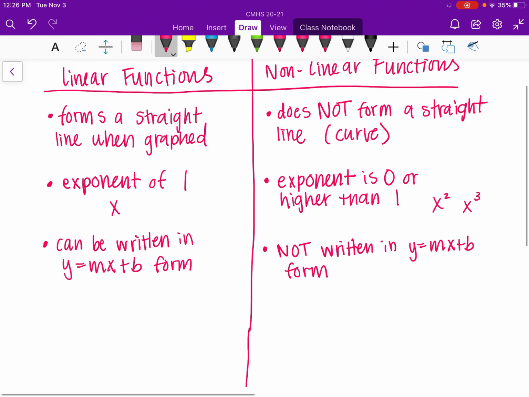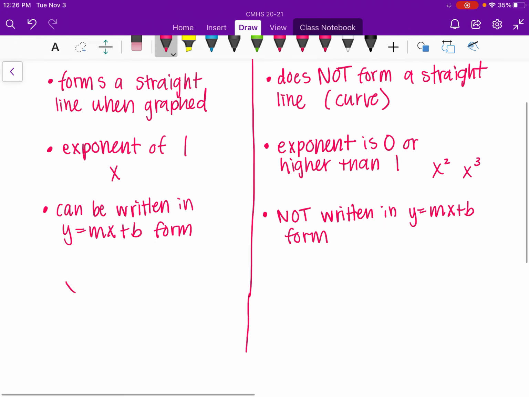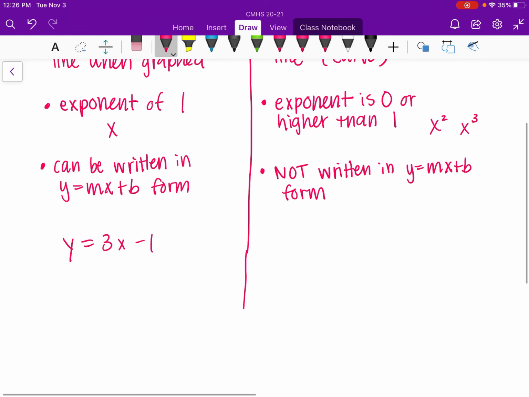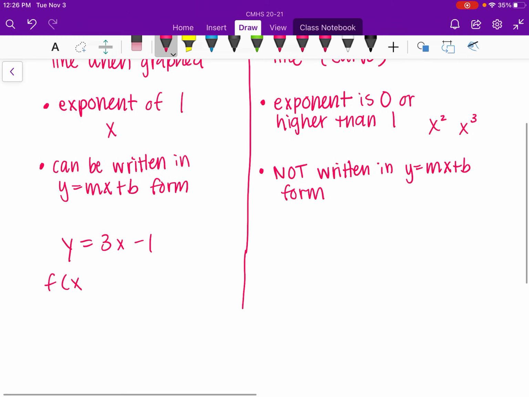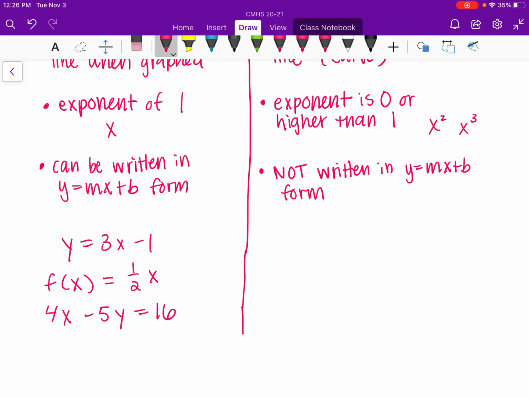So on the left, 3 examples of linear functions. Y equals 3x minus 1. F of x, remember we did f of x, equals 1/2 x. And 4x minus 5y equals 16. So let's look at all of these. The first one is already in y equals mx plus b form, so it's perfect.